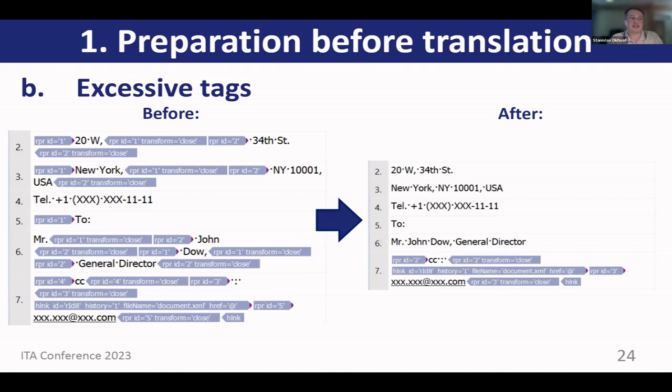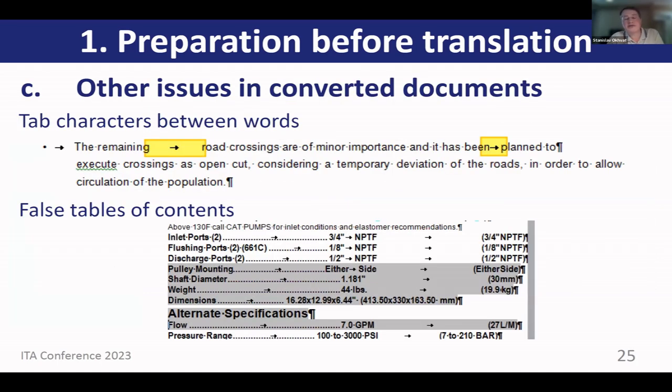This is what you will see inside your CAT tool before and after cleaning tags. As you can see, there are a lot fewer tags in the document after it is cleaned up. Besides incorrect breaks and excessive tags, you will encounter other issues in documents converted from PDFs.